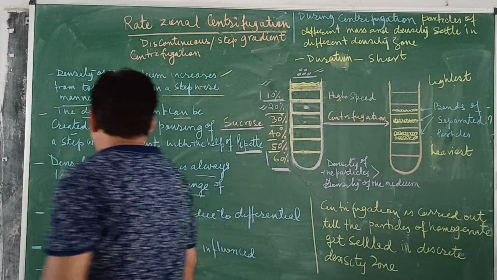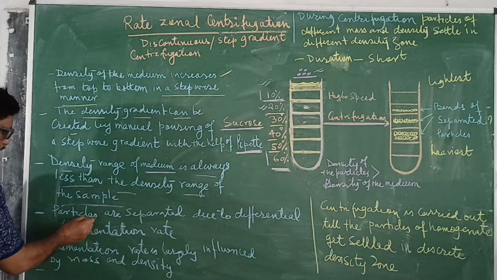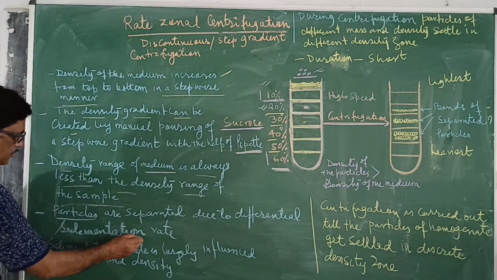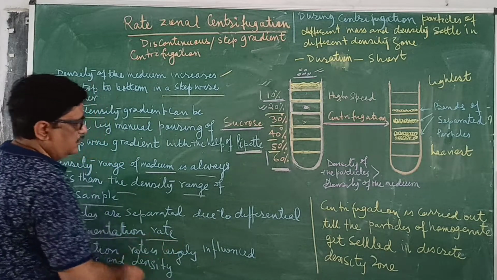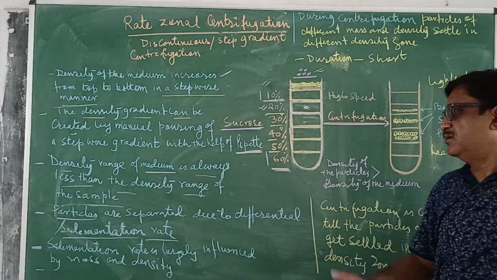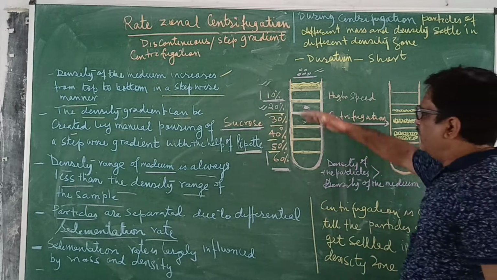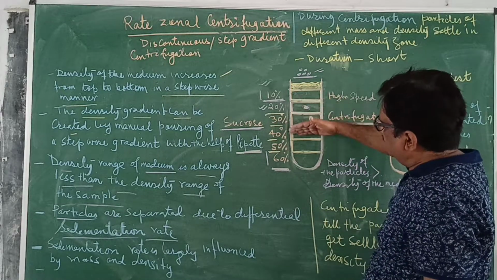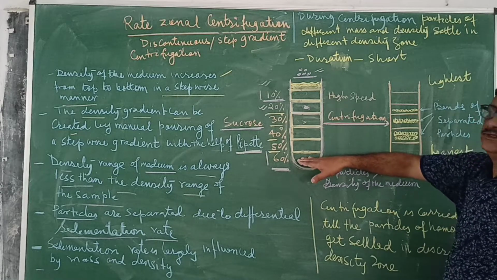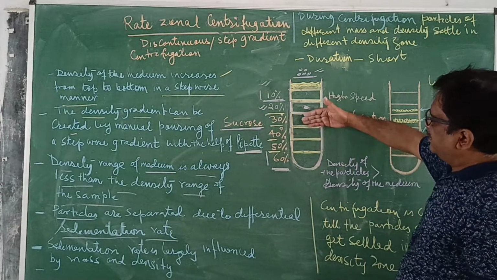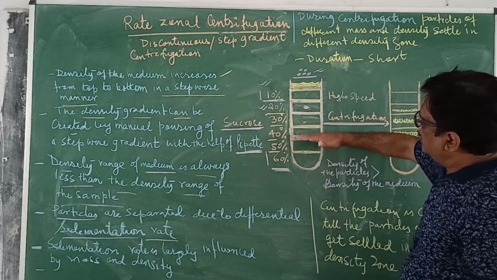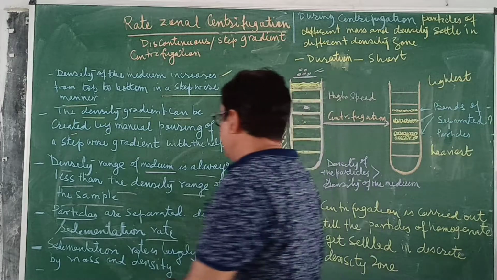In this case the particles are separated due to differential sedimentation rate. That means the particle which has more density or greater mass will move faster and settle towards the bottom of the tube, and the lighter particle will remain above the heavier particle. So this is the basic idea.